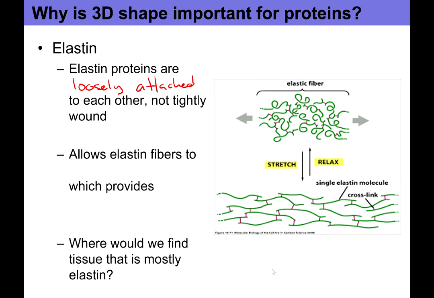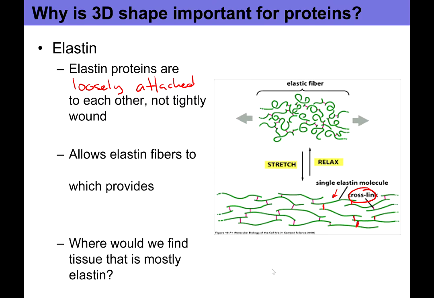In this picture, each little green line, which I've just covered over with a red line, is a single elastin protein, a single elastin chain. And they are connected to each other by these red lines, which are chemical bonds called cross-links.